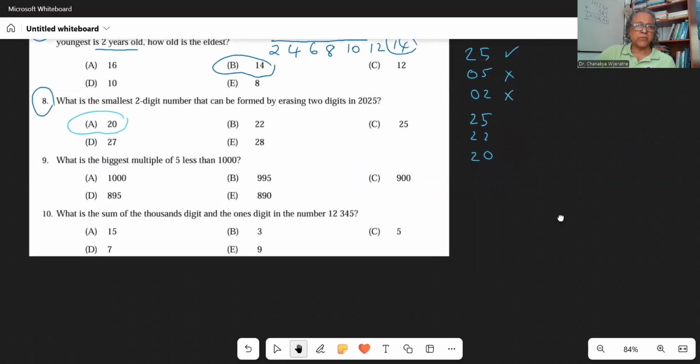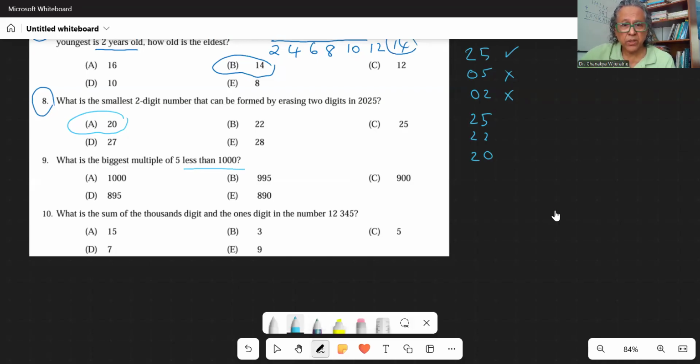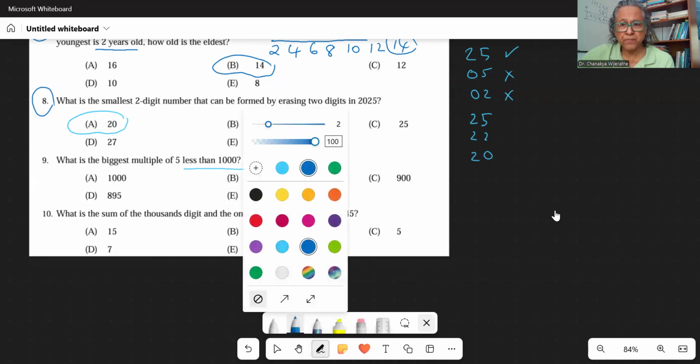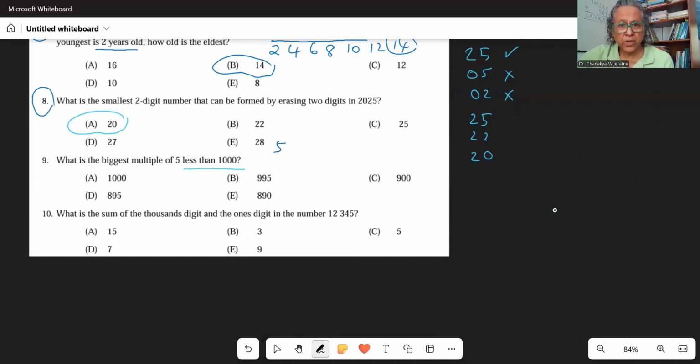What is the biggest multiple of 5 less than 1,000? Multiples of 5, but less than 1,000, and that has to be the biggest. Lots of multiples of 5 less than 1,000: 5, 10, 15, and we go on.